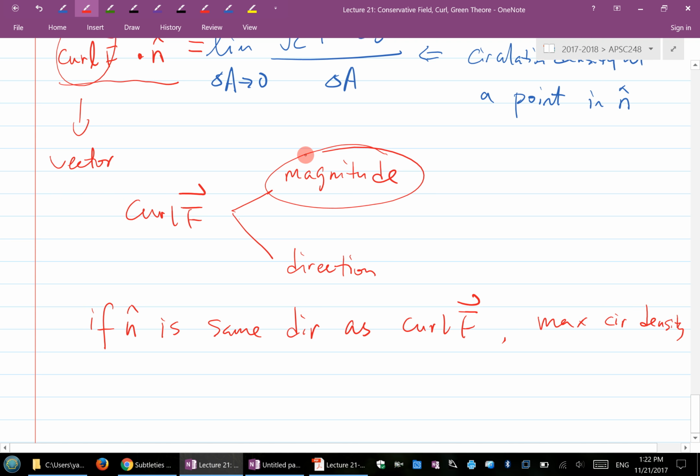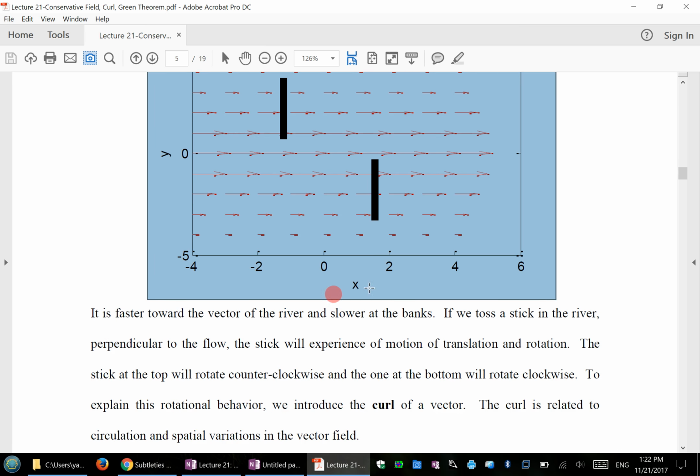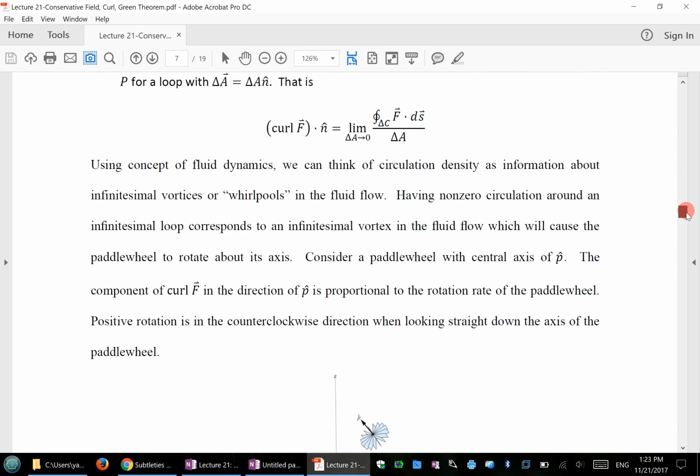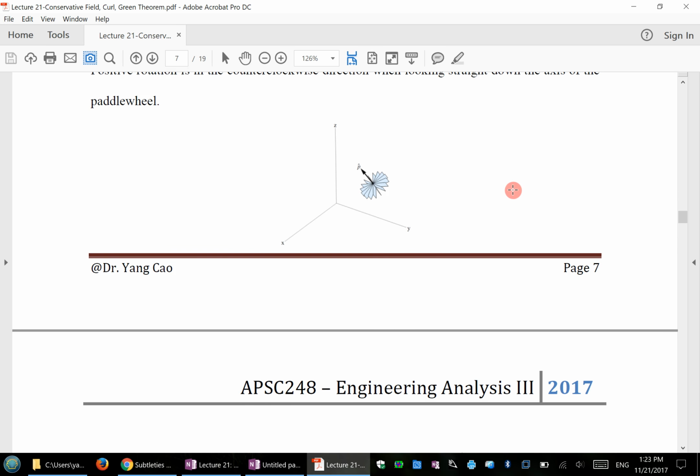So now coming back to the paddle wheel question. If you want to give people the maximum wind speed currently outside the classroom, how would you hold your paddle wheel?